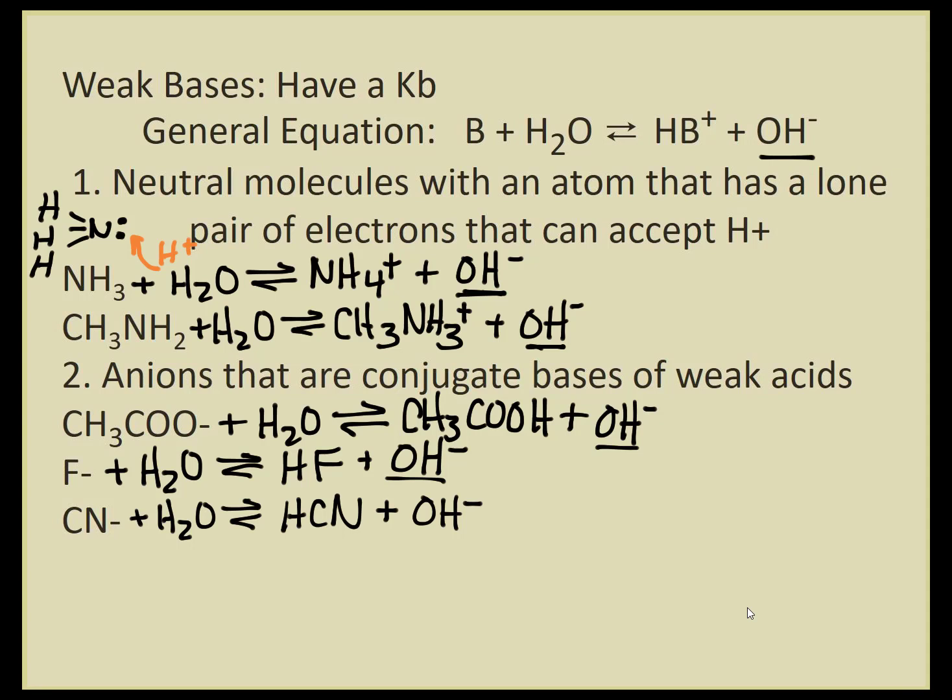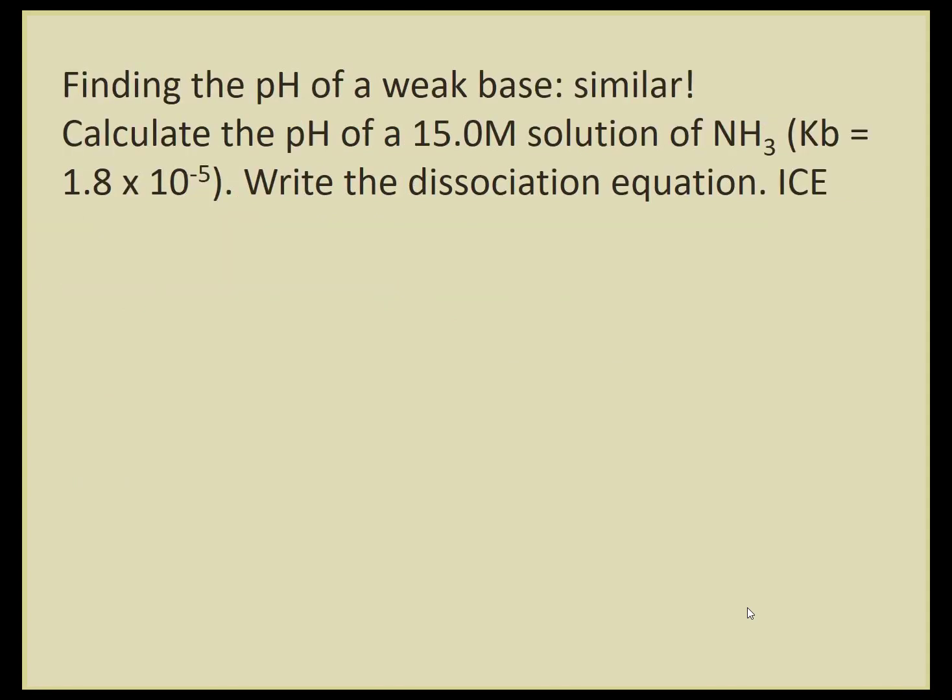So in all of these, because they're bases, we're not going to find the Ka, we're going to find the Kb. And it's done the same way, but you want to make sure that you're starting with an equation that is showing that it's acting like a base. So in this problem, we want to calculate the pH of a 15 molarity solution of ammonia. And there's our Kb. And so we're going to write the dissociation equation, and we're going to do an ICE chart.